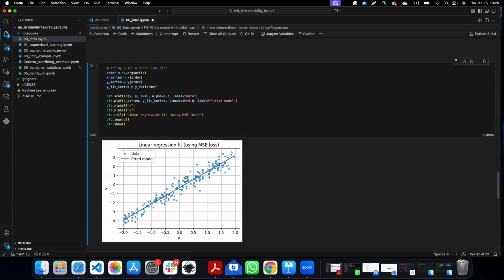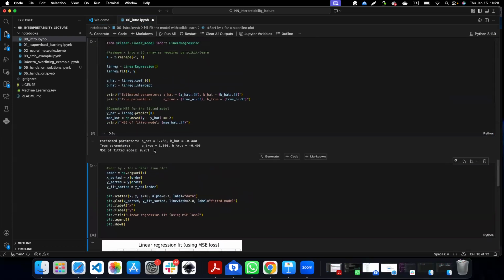So when we run this, you can see that the true values that we used for simulating the data were these 1.8 and minus 0.4. But the fit values that we're trying to estimate were kind of close, right?